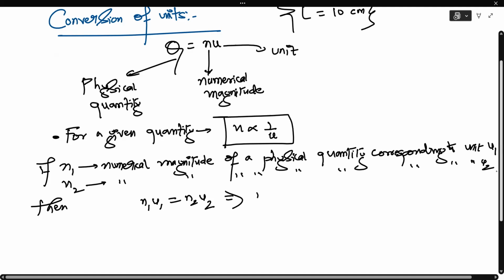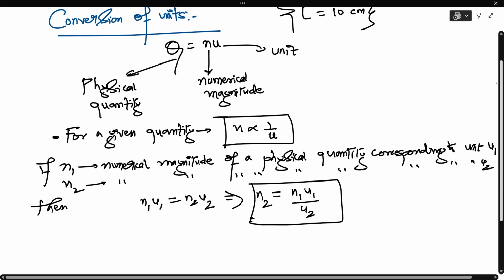In other words, N2, the value in the new system, will be N1 U1 divided by U2. This is the basic working formula for conversion of units.